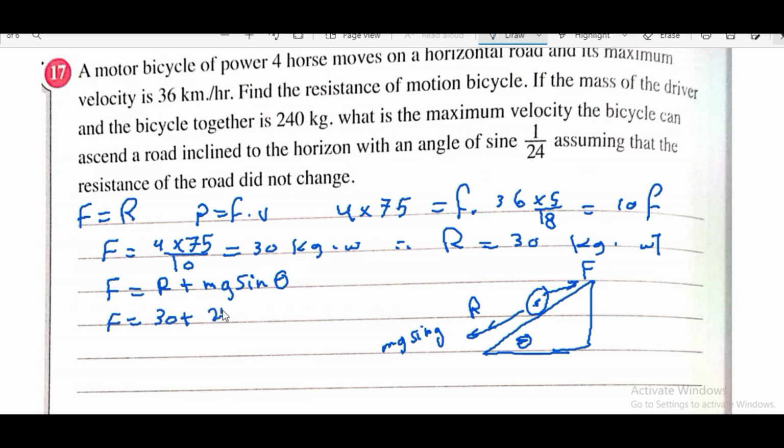240 kilogram times g 9.8 times sin theta 1 over 24 equals 128 kilogram weight.